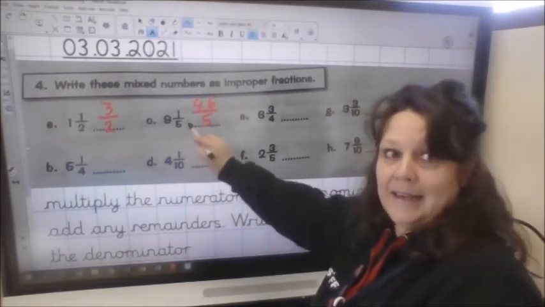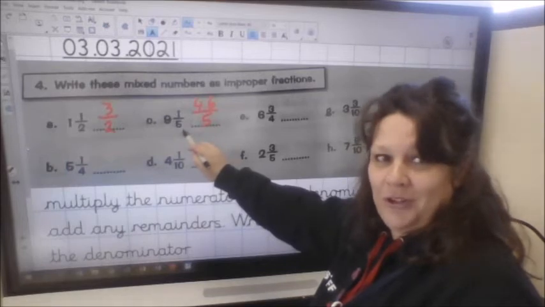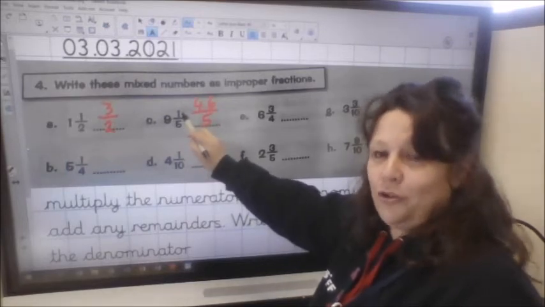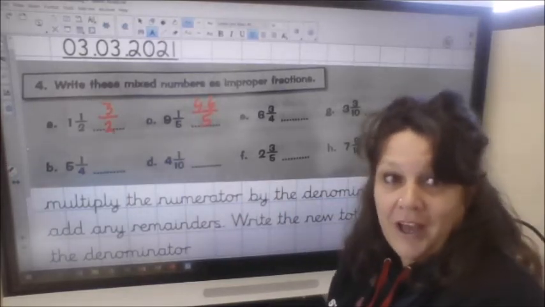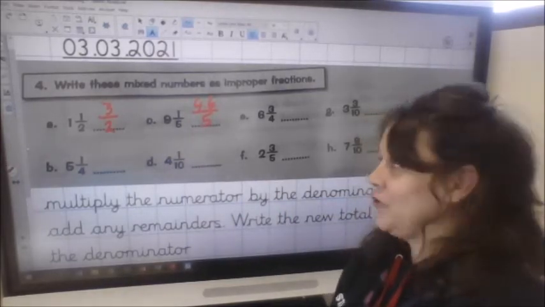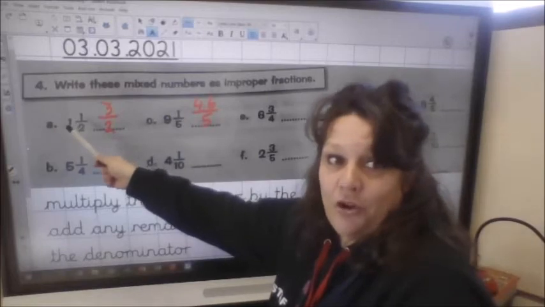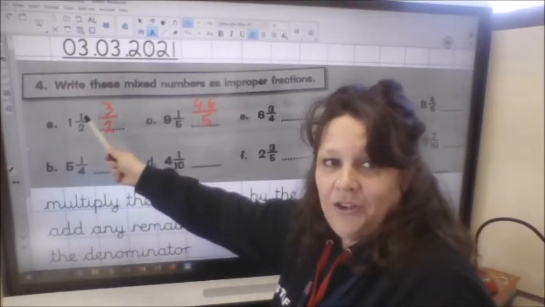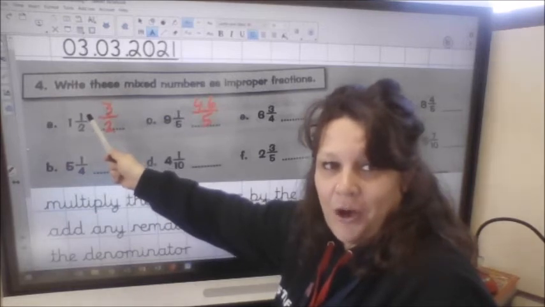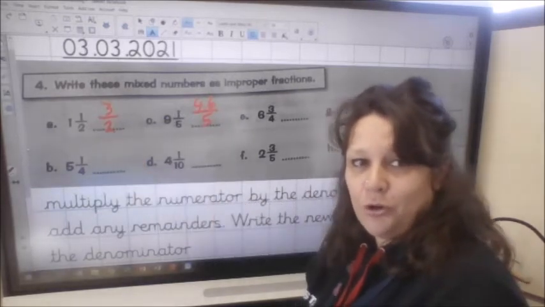Okay, so multiply the wholes by the denominator, add any extra numerator on the top to your total, and then put it over your denominator.